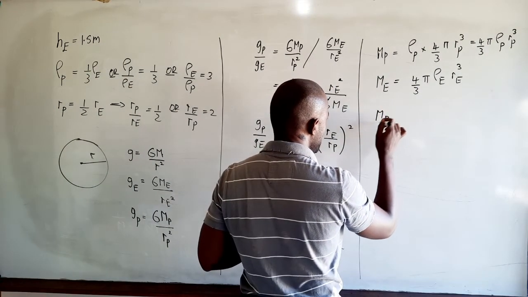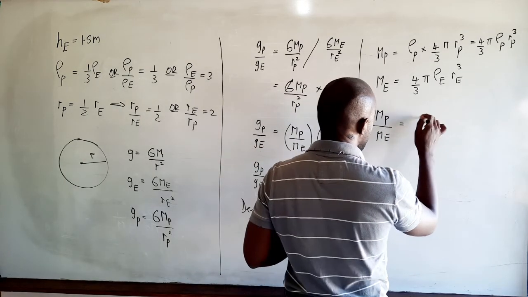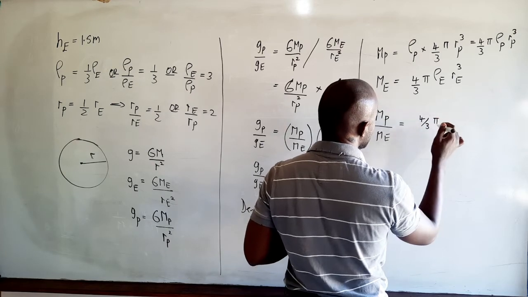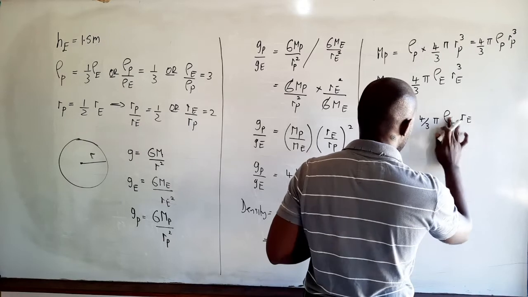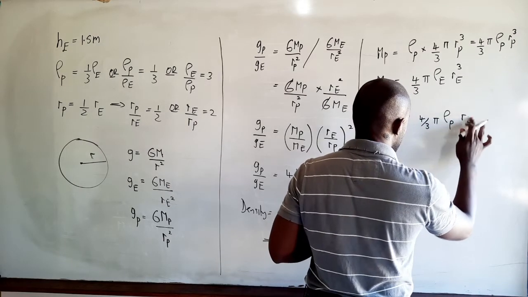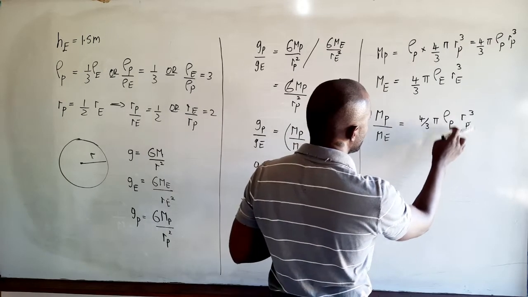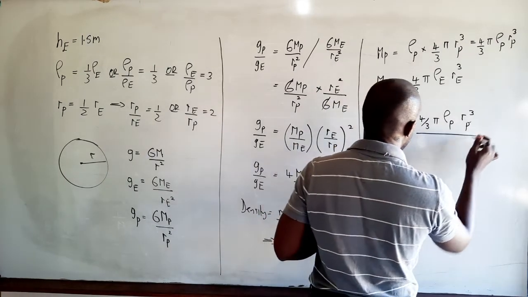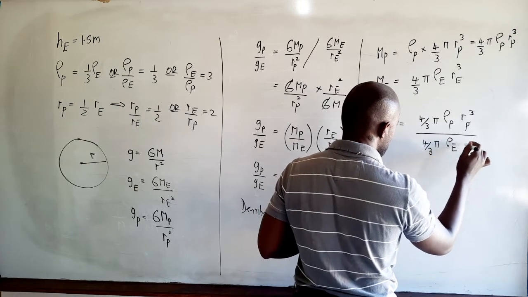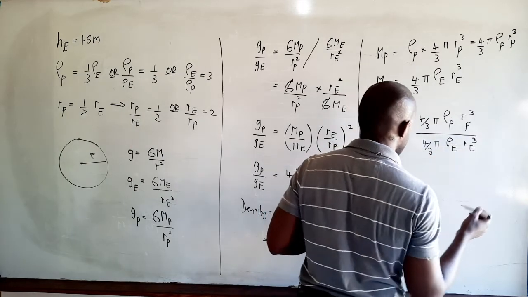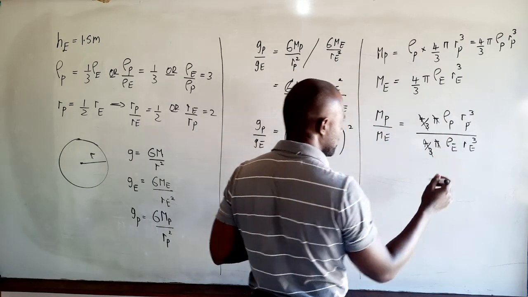The ratio MP over ME would be equal to 4/3 pi rho P RP cubed divided by 4/3 pi rho e re cubed.